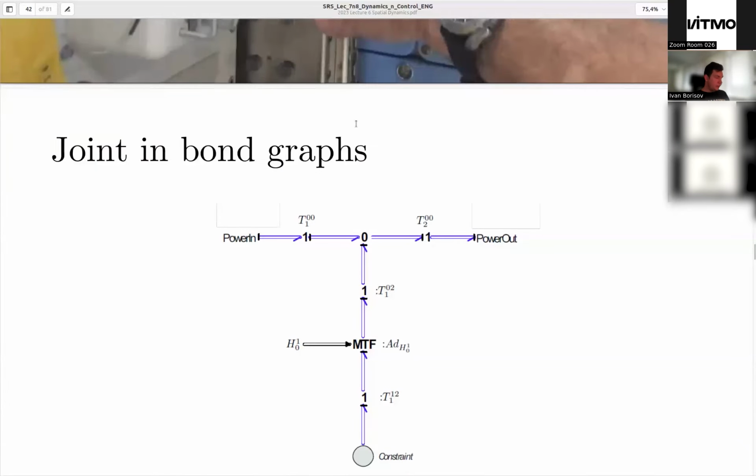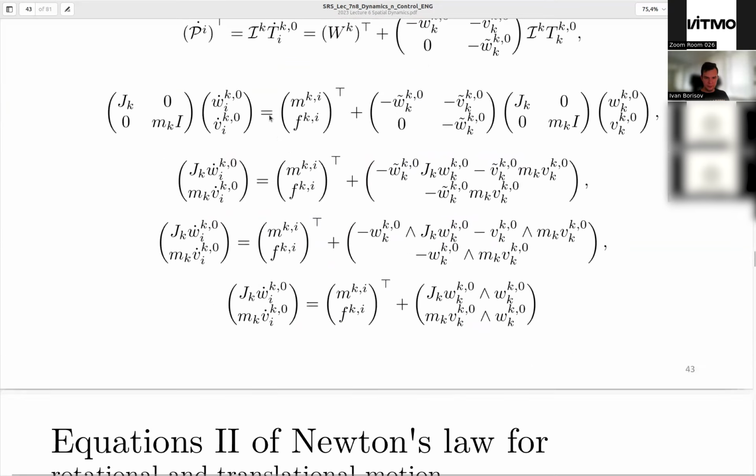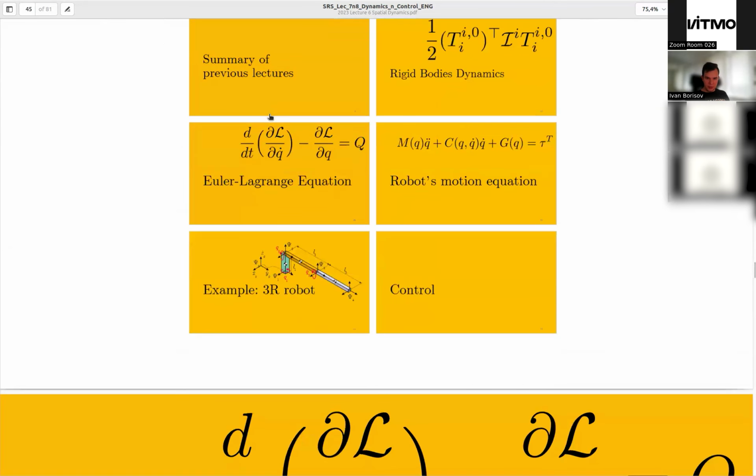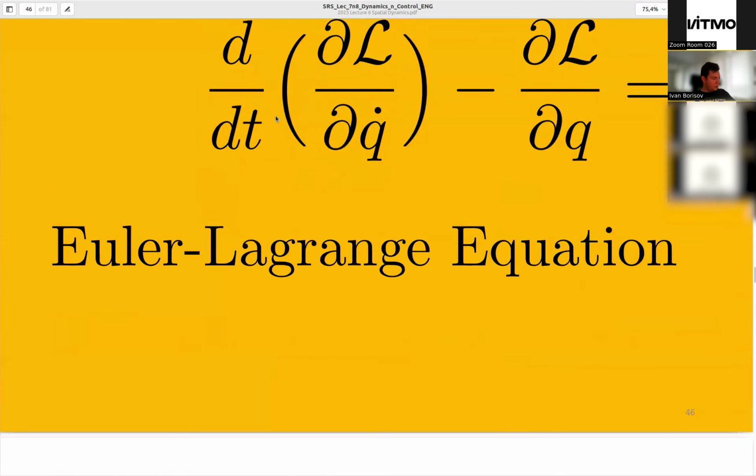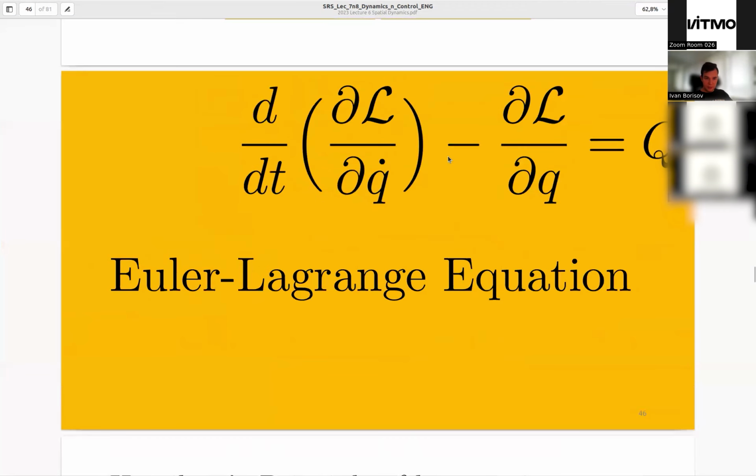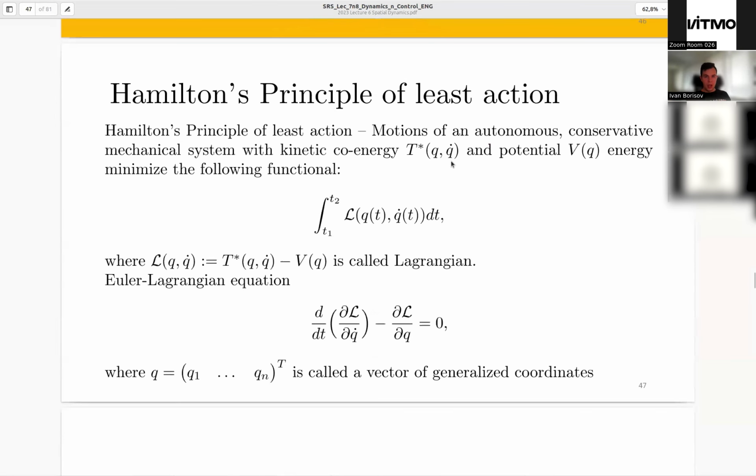Okay, so we have like 10 minutes left. Let me proceed to the final step. So we compute the kinetic energy of a rigid body, one single rigid body. And we already know the Lagrangian formulation.